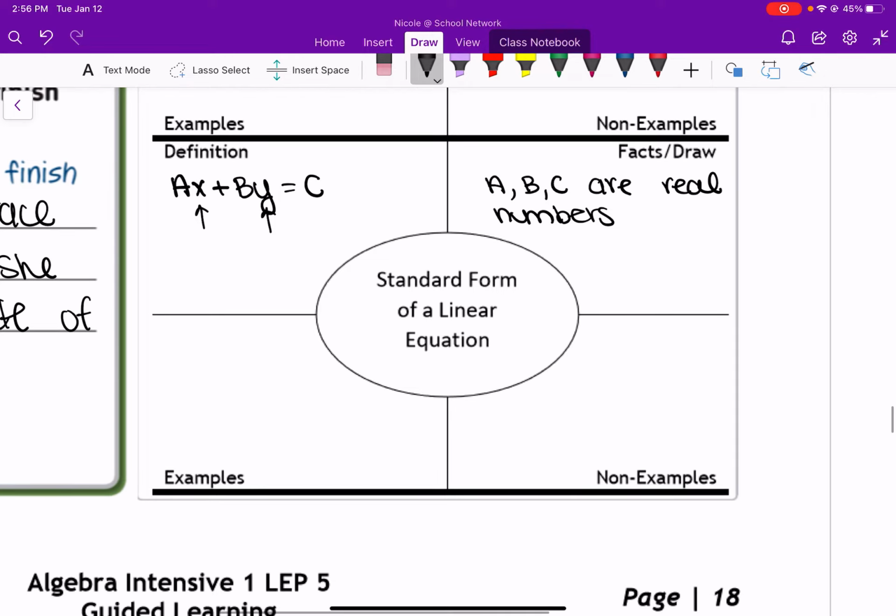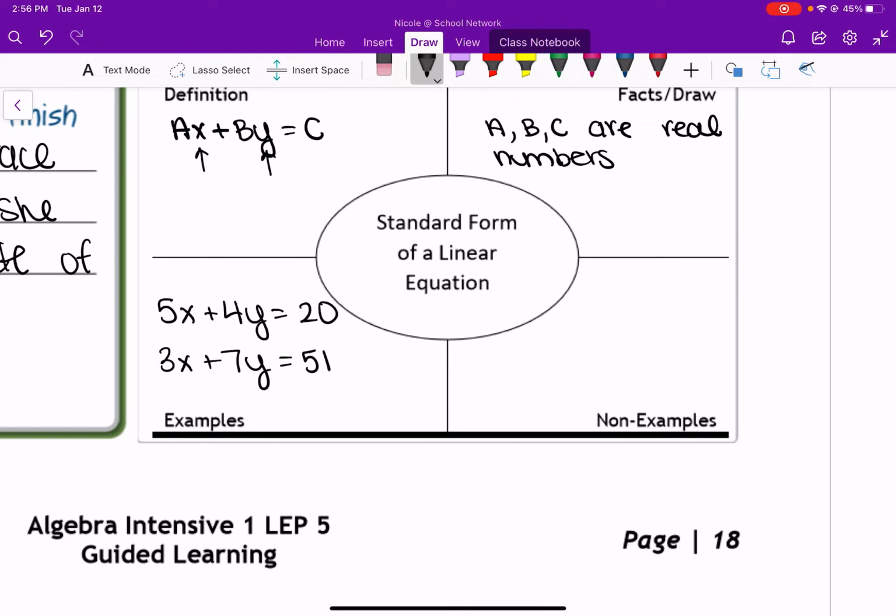Some examples: 5x plus 4y is equal to 20. 3x plus 7y is equal to 51. This is just where x and y are on the same side of the equation.